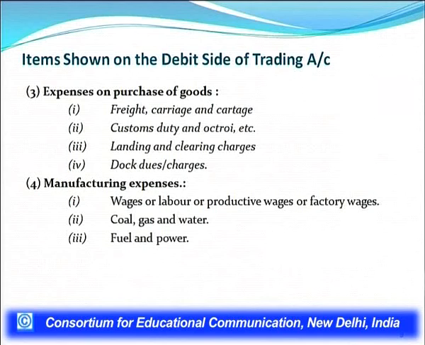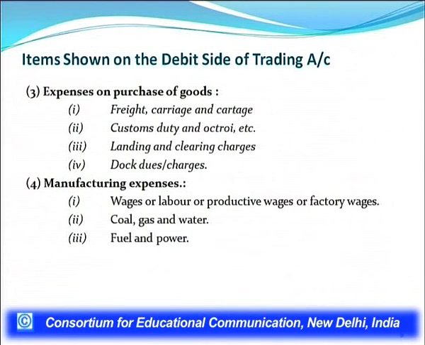Then manufacturing expenses. If we are preparing only a trading account, not preparing a manufacturing account separately, then manufacturing expenses are also recorded in this account. One item is wages or labor, which we also call productive wages, factory wages, manufacturing wages, process wages.